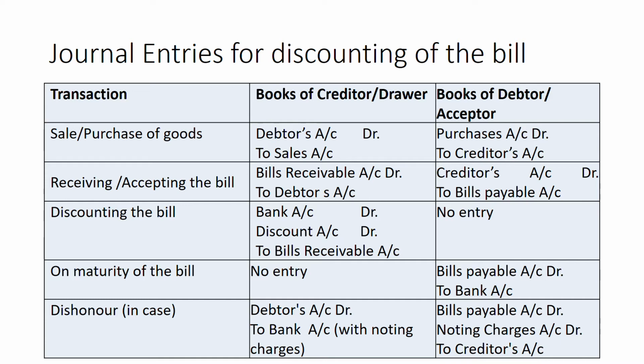He shall become a debtor again, and his account shall be debited with the credit given to bank account along with the noting charges. Noting charges are to be borne by the acceptor. So in case of the acceptor, bills payable account debtor, noting charges account debtor to creditors account will be the journal entry.